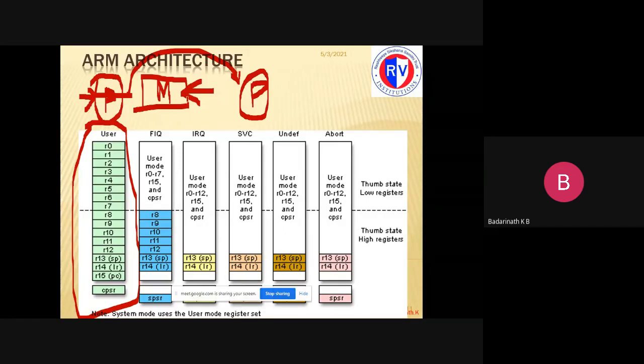You are supposed to attend to those peripherals urgently, because if you don't accept the data coming from the sensor, you lose the data. Let's say a sensor generates thousands of samples every microsecond, millisecond or second. Whenever it generates data, you have to collect it and put it inside the microcontroller memory.